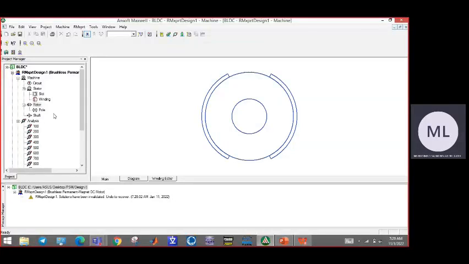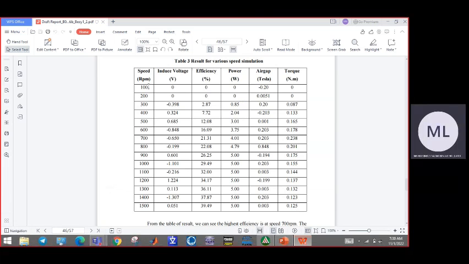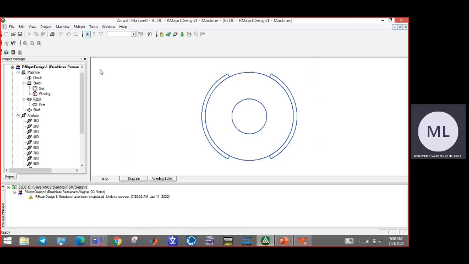Next, I will show you the analysis results. There are 15 results that I tested from 100 rpm to 1500 rpm. From the table, we can see that 100 and 200 rpm have no output power and no efficiency. I will prove it to you.